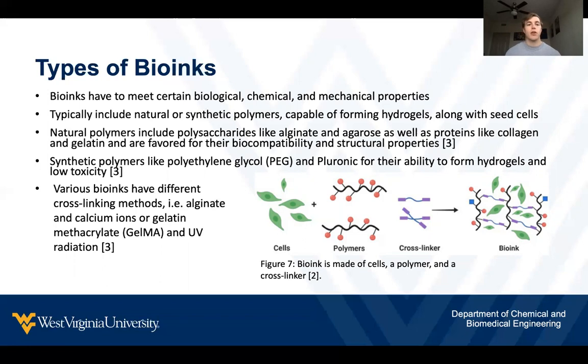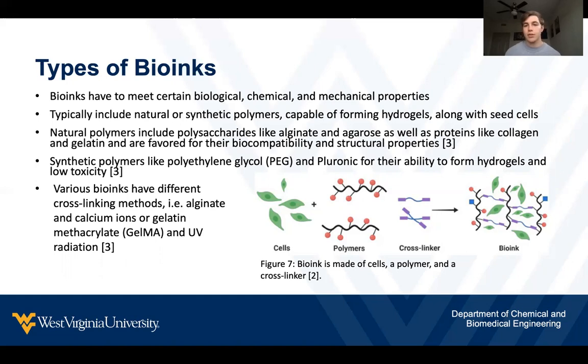Some of the natural polymers that are favored are polysaccharides and proteins. This includes polysaccharides like alginate and agarose, as well as collagen and gelatin, which are proteins. The natural polymers are used more commonly and are generally favored because they're biocompatible, as well as having similar structural properties to that of tissue found in individuals.